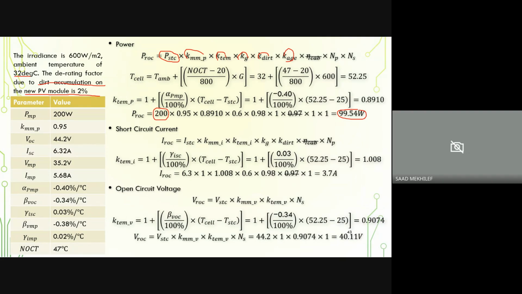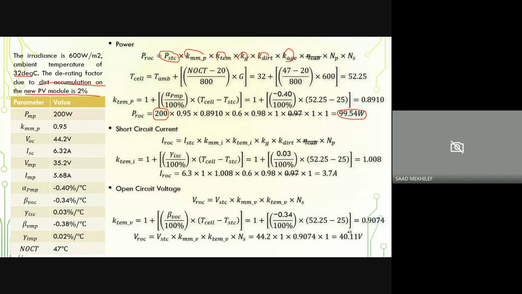And that's why, as I mentioned just now about the sizing of the inverter, we never use the WP, the watt peak, because that actually happens at the STC.